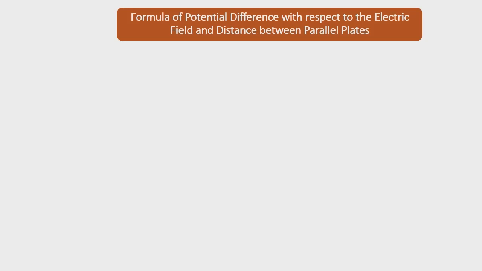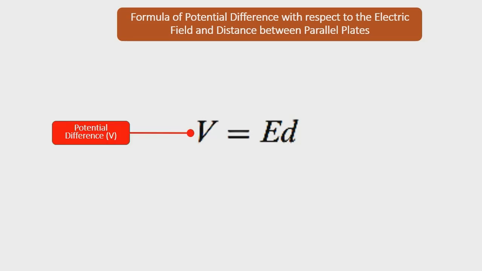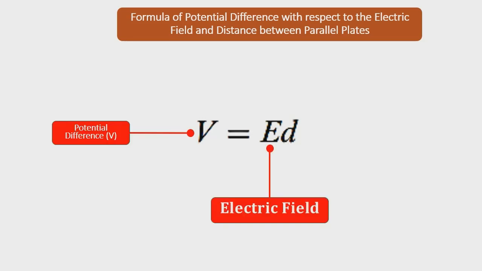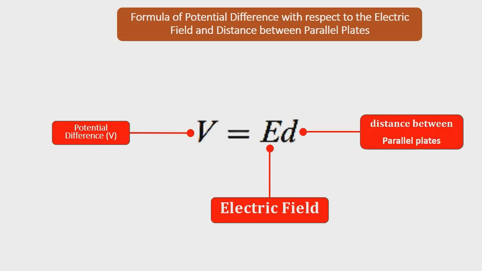So in the case of parallel plates, the two parallel plates will develop an electric field. So a potential difference can also be calculated from those two parallel plates with a distance called letter D. And the formula given is V is equal to E times D, wherein V is the potential difference and E is the electric field, while D is the distance between parallel plates.